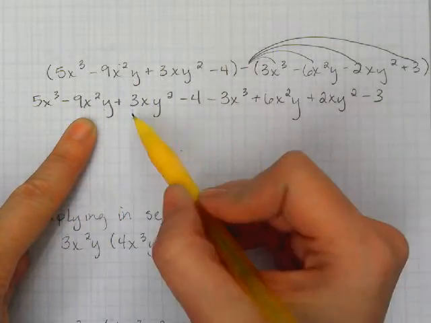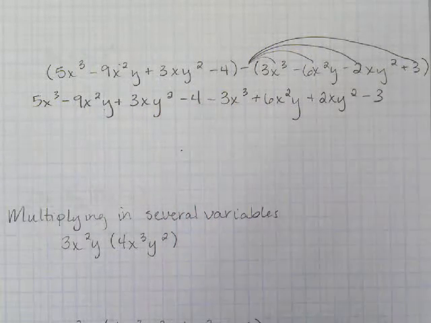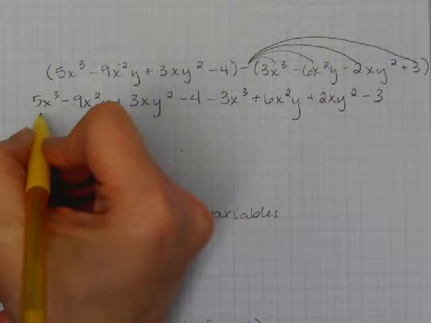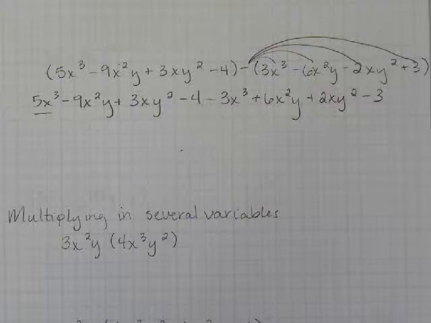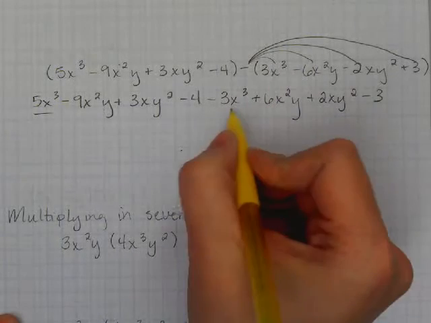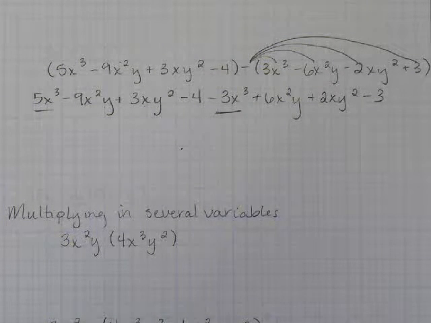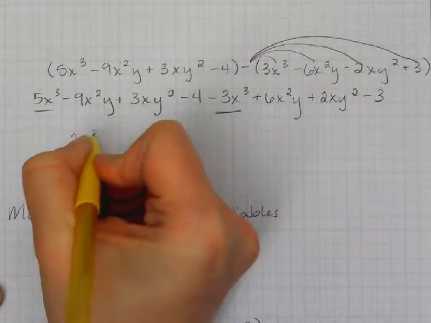What can I combine with negative 9x squared y? 6x squared y, because they both have x squared and they both have y, and just exactly that. So negative 9 plus 6 is what? Negative 3. So negative 3x squared y. Cross them off because I'm done with them.